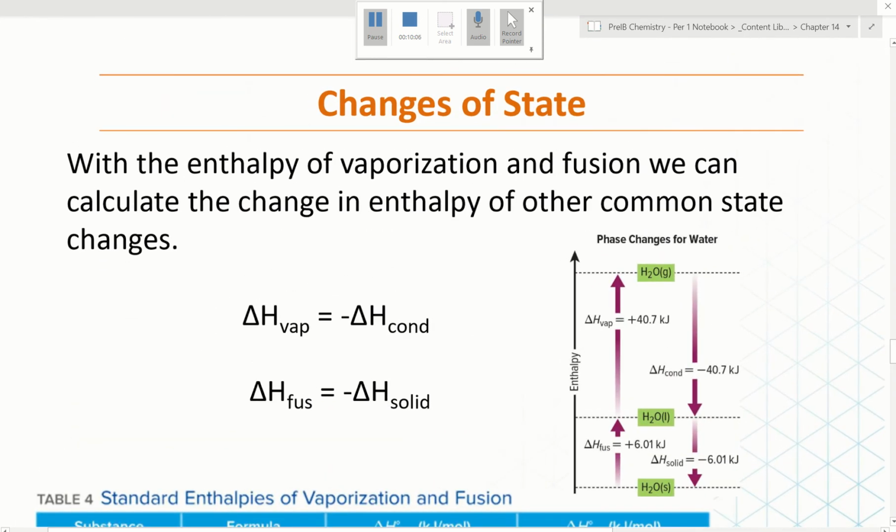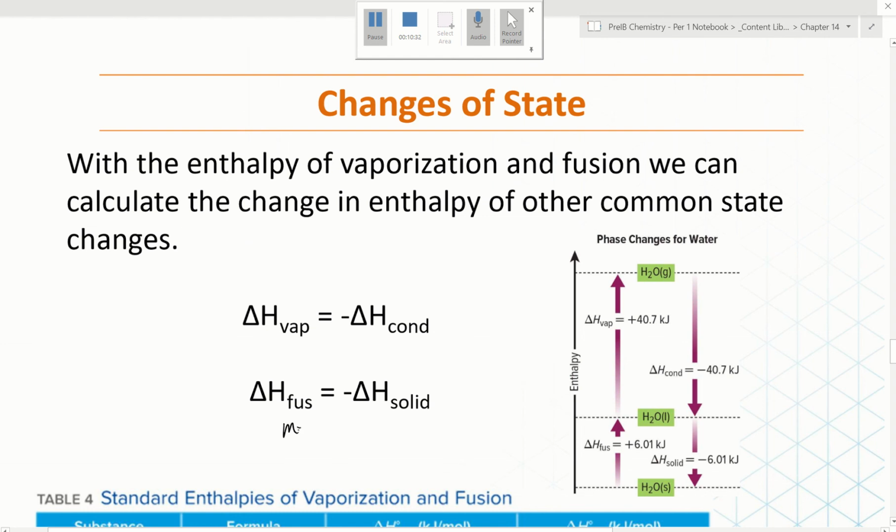With the enthalpy of vaporization and fusion, we can calculate the change in enthalpy of other common state changes, and I've just mentioned that earlier. So the delta H of vaporization is equal to the negative delta H of condensation, because that's the opposite process. Delta H of fusion is going to be equal to the negative delta H of solidification, which is the opposite process.